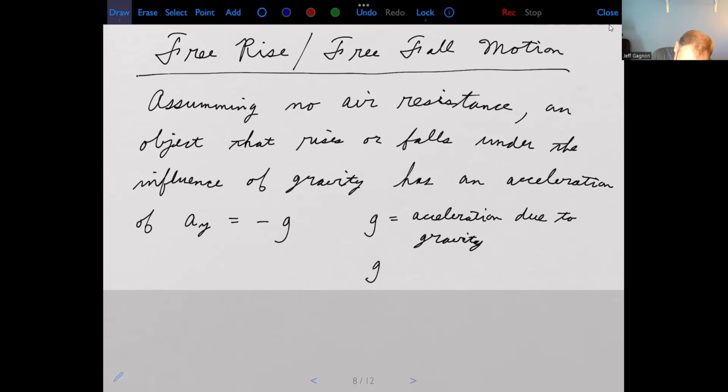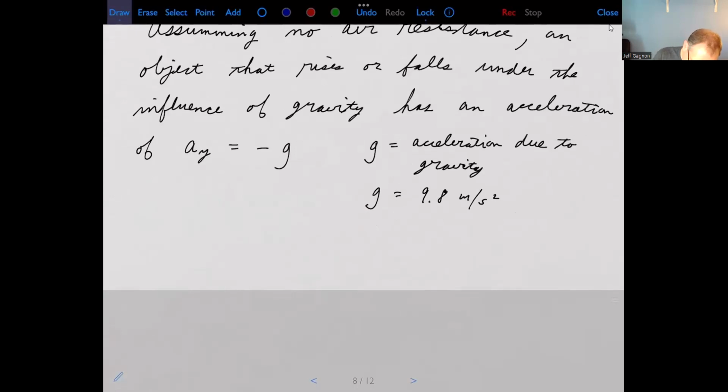And its value, its magnitude is 9.8 meters per second squared. So in our case, right, our AY is going to equal negative 9.8 meters per second squared. So if we're given some particular problem where an object is, say, thrown up, right, or is released from rest and falls, right, just under the influence of gravity, then that means the acceleration in the y direction, we can just plug in negative 9.8.